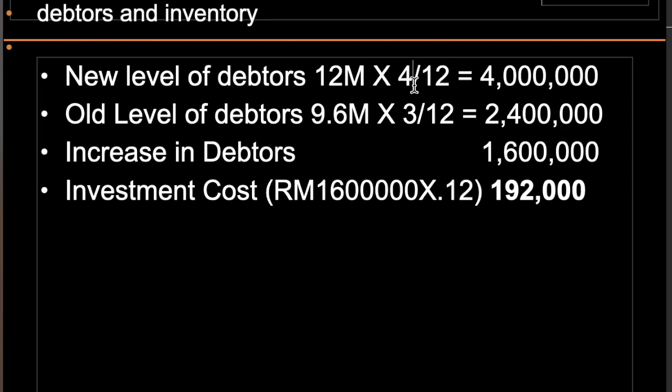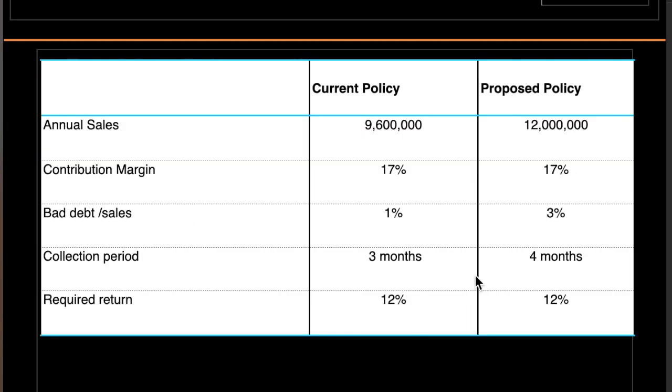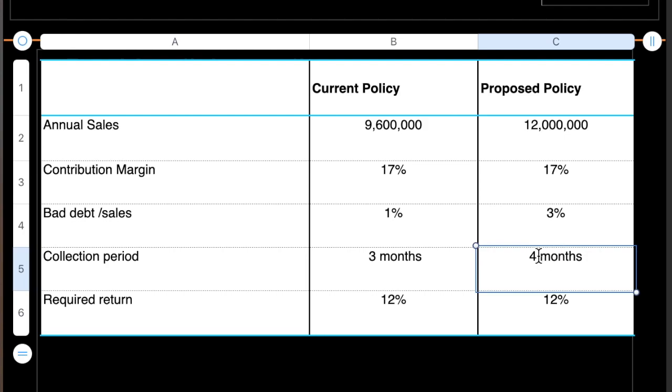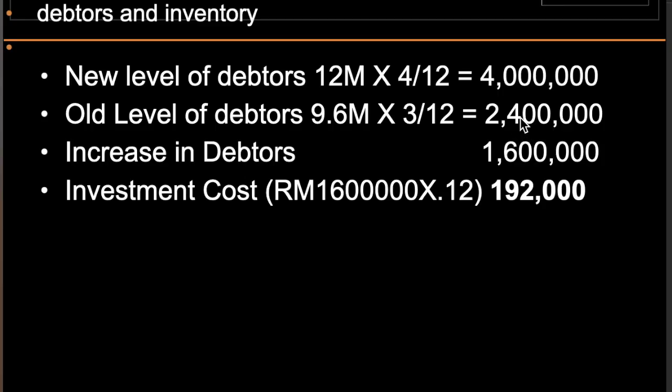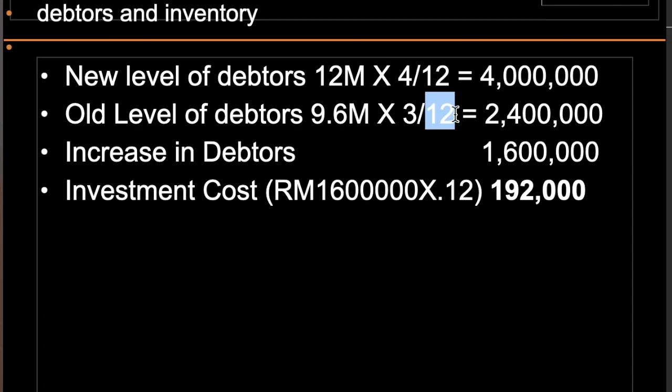How did we get 4 and 12? 4 is the new collection period in months, and 12 is the number of months in a year.